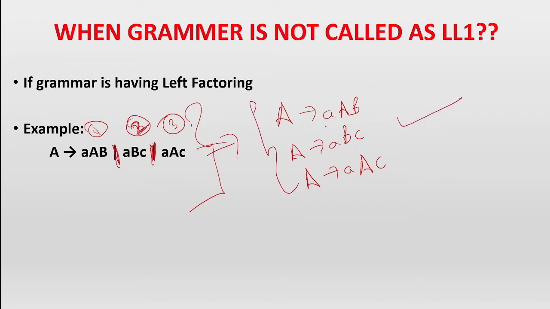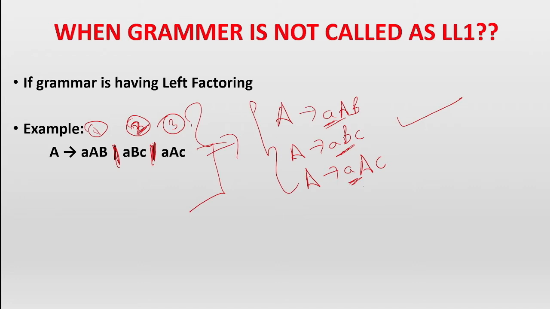But what is happening in this? All these productions are of A only, and the initial symbol of each production is the same. So in this case, we say it has left factoring. Why is it called left factoring? Because while parsing, the parser won't know which production to select, since all have the same symbol on the right hand side.